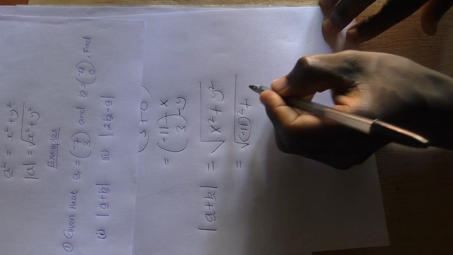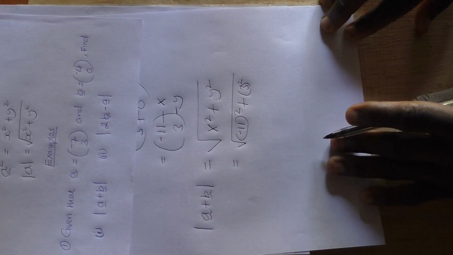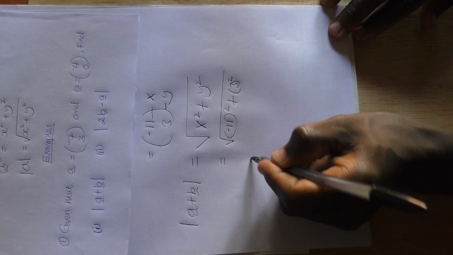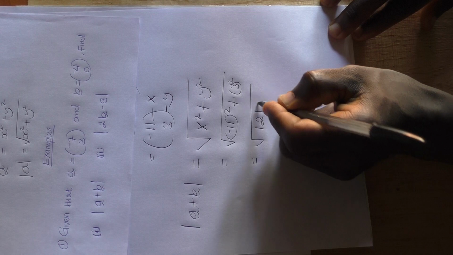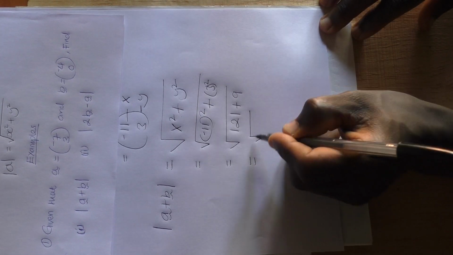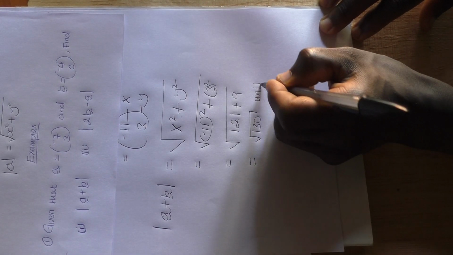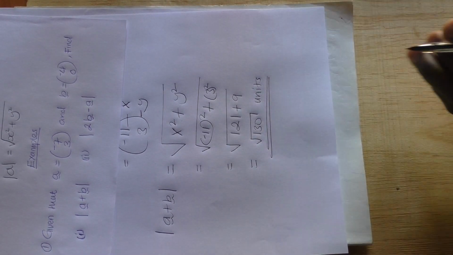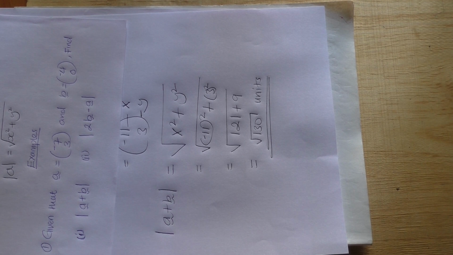For y squared, we write 3 squared. Hence giving us the square root of 121 plus 9, which gives us the square root of 130 as the length of our vector A plus B.